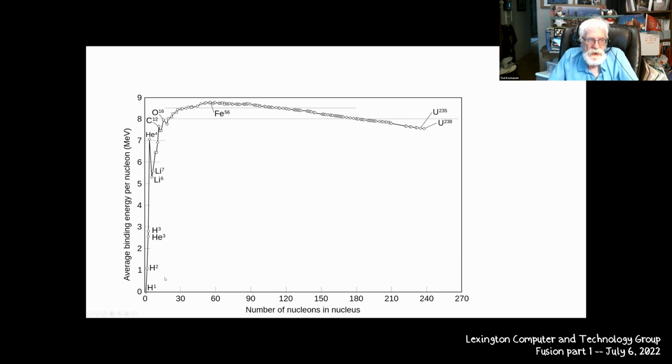As you start to make the nucleus a little more complicated, you move this way, number of nucleons in the nucleus, and you move this way. So helium basically is up here at the same point as this in terms of the number of protons. You have deuterium. Deuterium is heavy hydrogen.